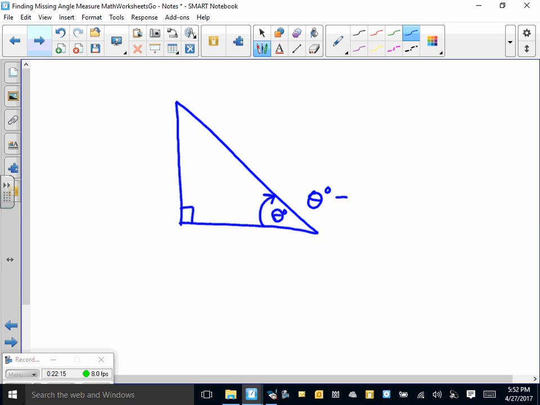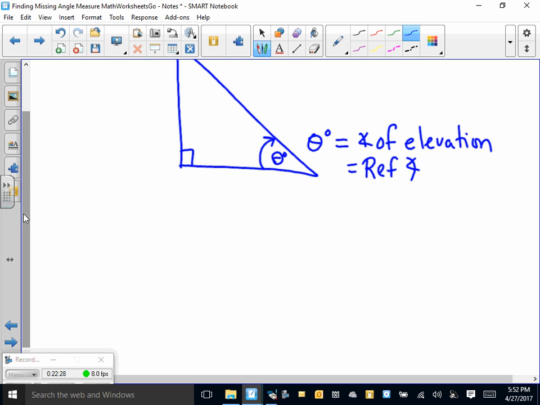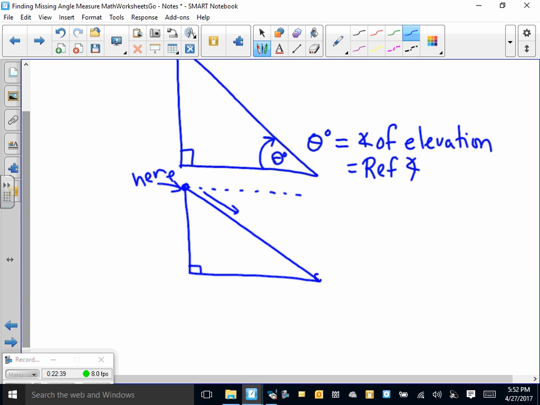Theta in this part would be your angle of elevation, which also is going to be your reference angle. However, you have a couple of problems that say angle of depression. Angle of depression is when you look down. If you were up here looking down to something on the ground, this angle right here is the angle of depression.